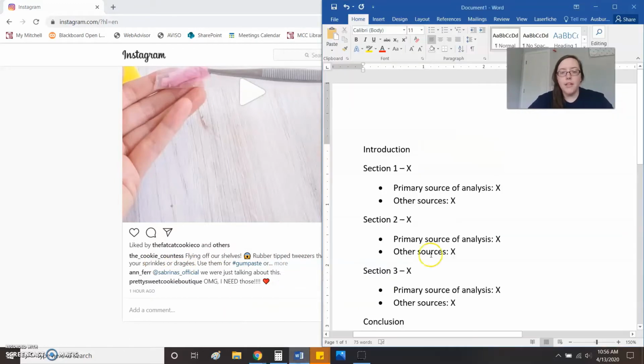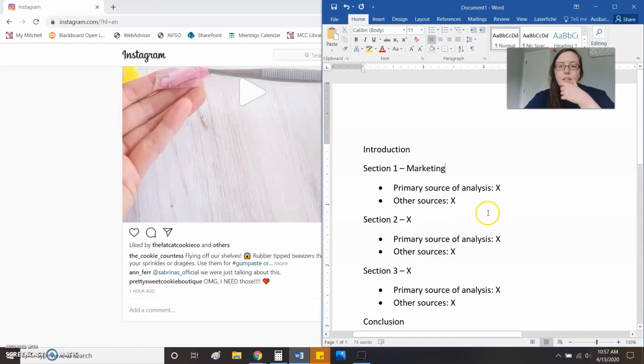And so I might say, a lot of the people who are posting about their cookies on Instagram, they're not just sharing their art. I mean, they are doing that, but they're also marketing themselves or their products. And so I might say, all right, one of the big things I notice about my case study is marketing.